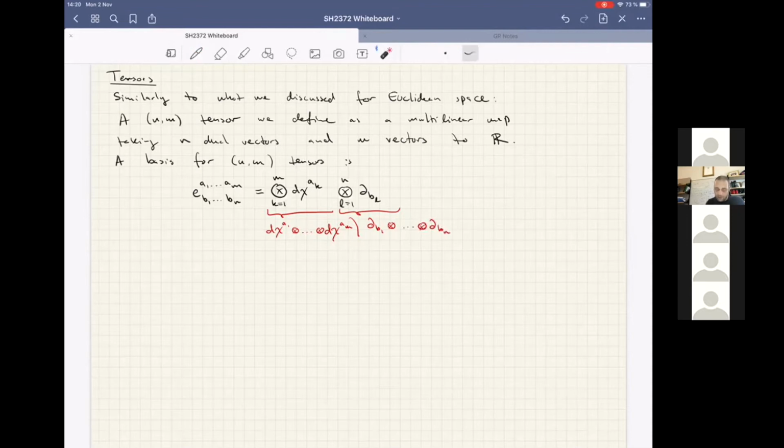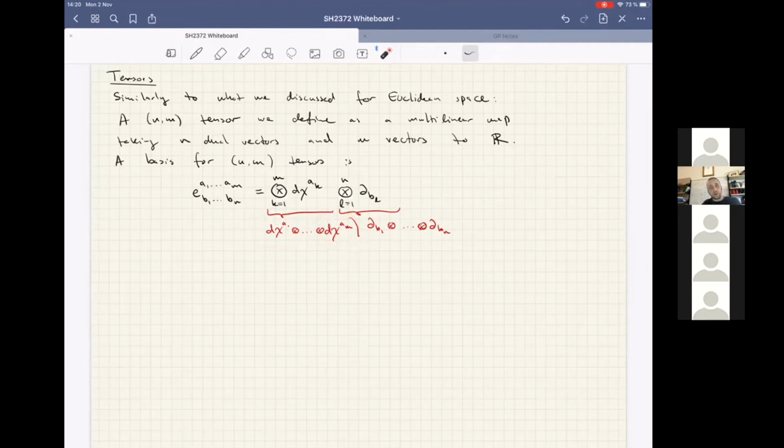The point here being that each of these dχ's is an element of the dual space. So when you insert a vector in that, it gives you a number. So the first vector argument would go into dχ^(a1) here, and the mth vector argument would go to dχ^(am).